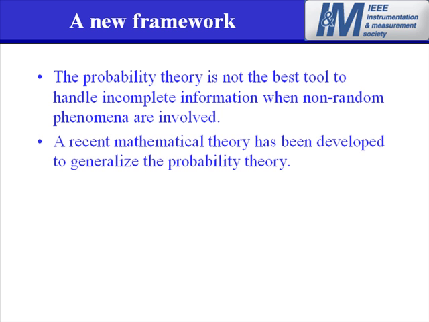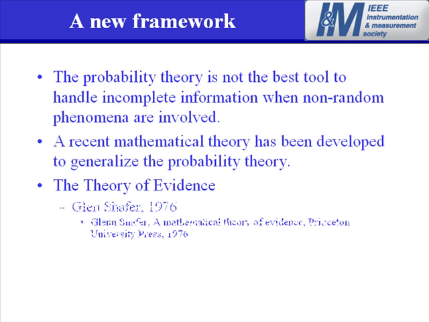However, a recent mathematical theory has been developed to generalize the probability theory and appears very promising to represent uncertainty also when systematic effects are present. This theory is the theory of evidence and has been formulated by Glenn Shafer in 1976.